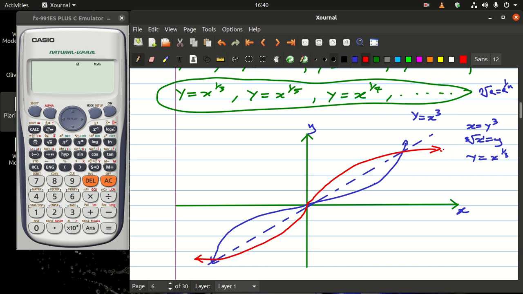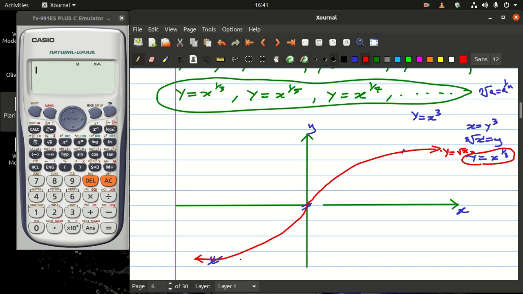So this one is going to be y is equal to square root x, which is the same as this. So this is how this looks like. You look into the mirror and then you get your nice shape. And you can do the same thing for the 5th root of x or the 7th root of x.